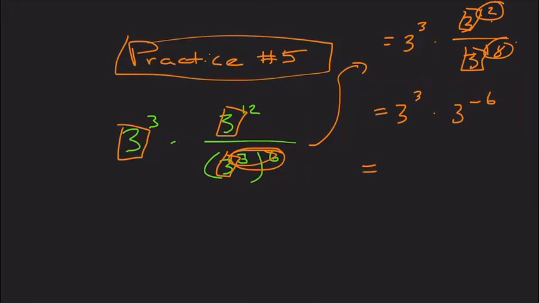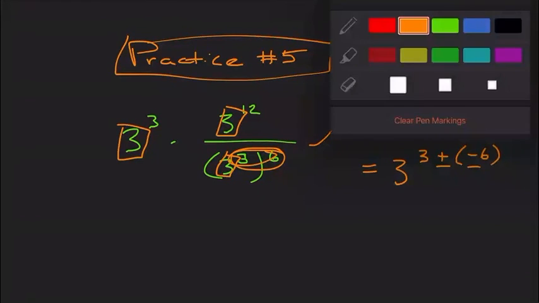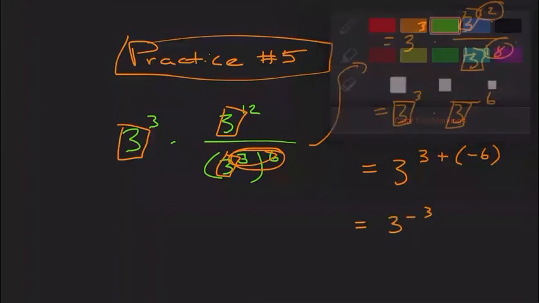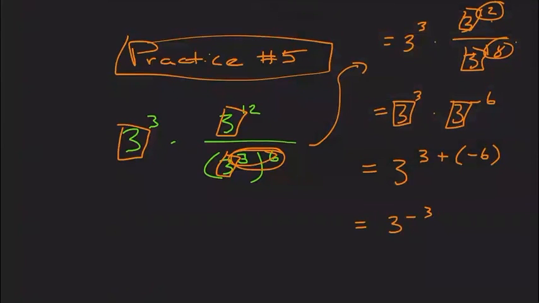Then we're multiplying and we have the same base, so we can add the exponents. We have 3 plus -6. Plus negative is just the same thing as minus. So this is really 3 minus 6, which is -3. And we have a negative exponent. We want to make it positive. It's not in the fraction, so put it over 1. And this needs to move to become positive.